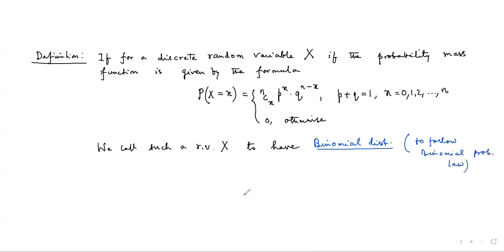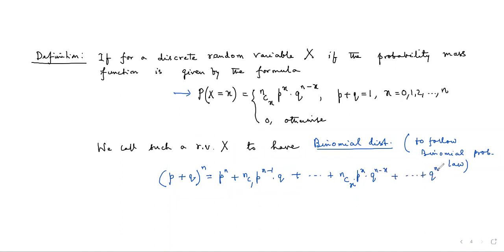So this binomial probability distribution is a kind of discrete probability distribution whose probability mass function is given by this particular formula. Why is it called binomial distribution? Because if we consider the term p plus q, and expand it with the binomial theorem, its general term will be given by this formula, and lastly we are going to get q to the power n.